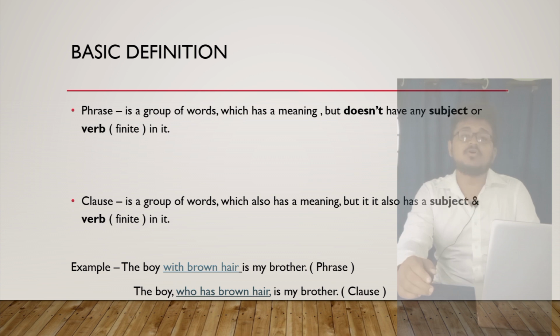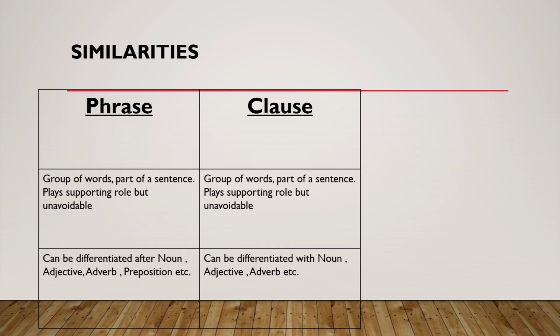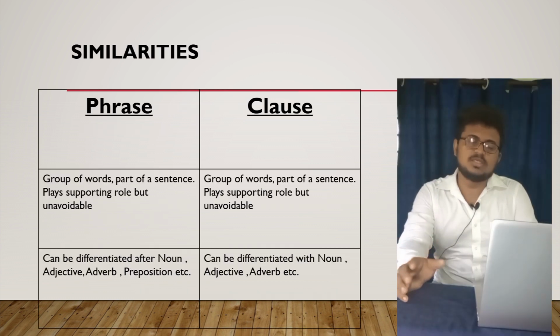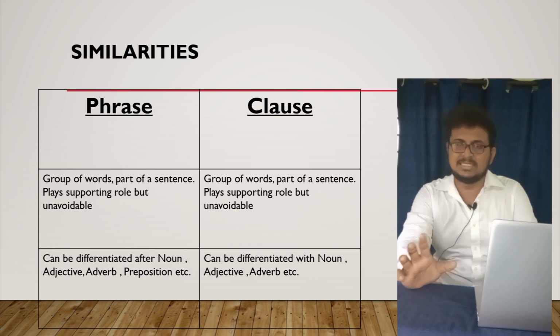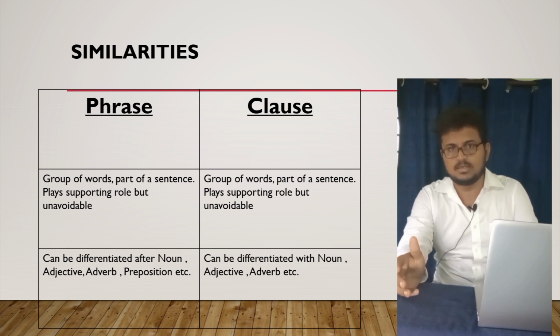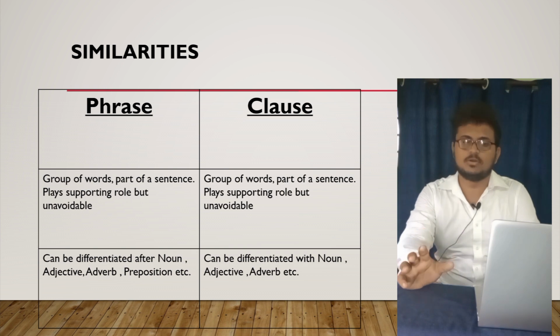When we are talking about the differentiation, there are also some similarities. If you read phrase and clause, what are the similarities? Number one, both are groups of words, and both are used in sentences as a supporting player. It always plays a supporting role.